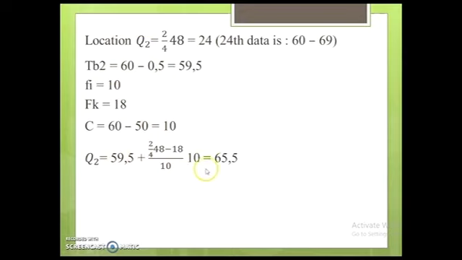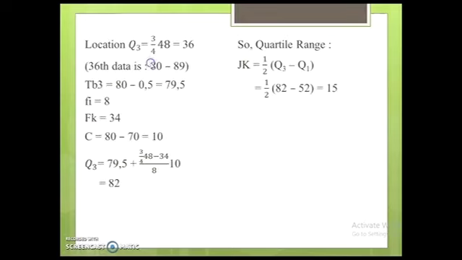K2 equals 65.5. Location K3. K3 equals 82. So the quartile range JK equals 1 divided by 2 times (K3 minus K1), which equals 1 divided by 2 times (82 minus 52), which equals 15.